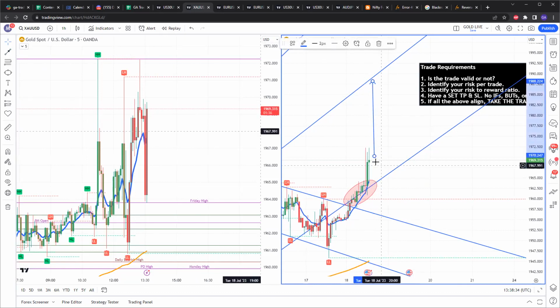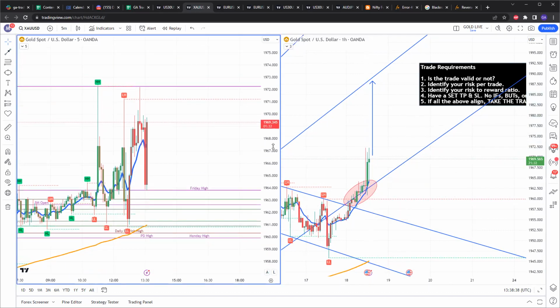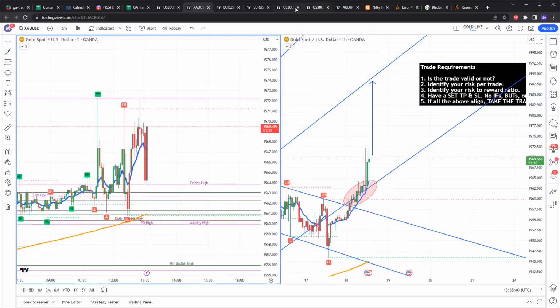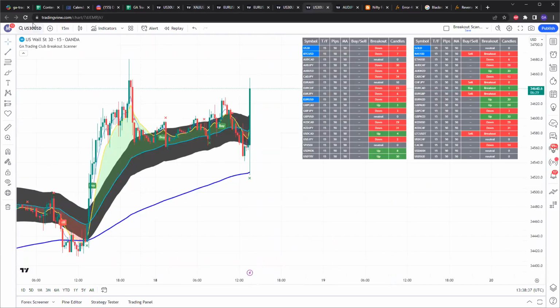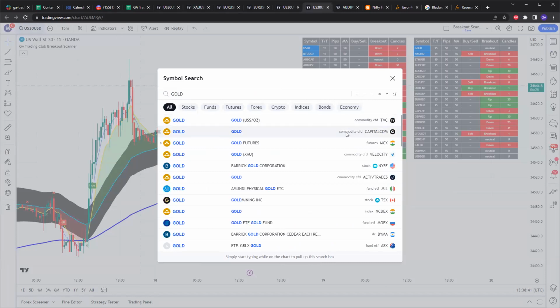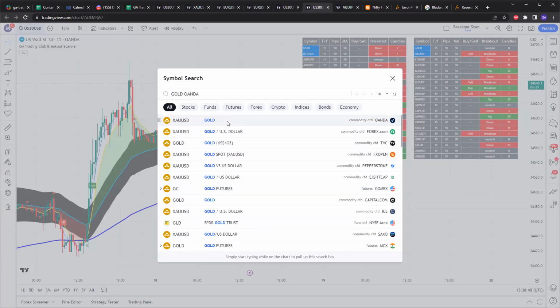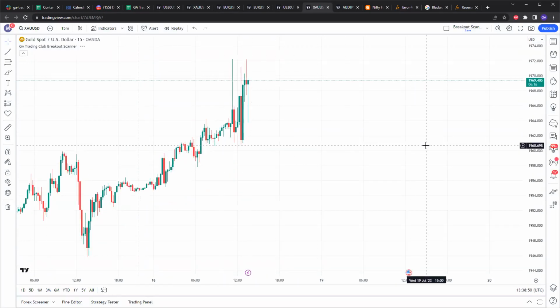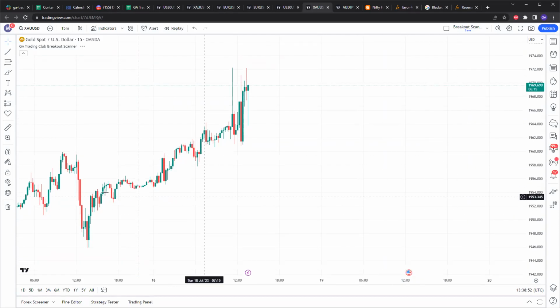At that point, I would start looking for sells on gold, because right now, unfortunately, based off of how I trade, I don't have any confluences to trade gold. Now, I can probably use the breakout scanner and catch a position using that. So let's see, I would be looking for a buy using the breakout scanner on gold.